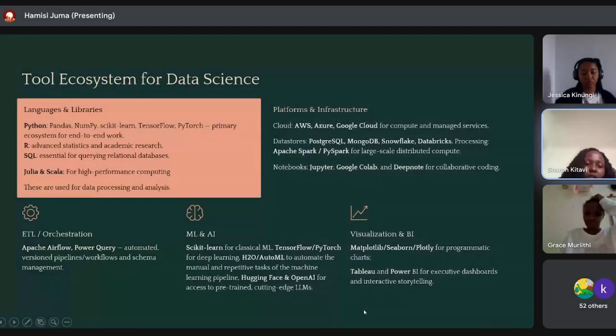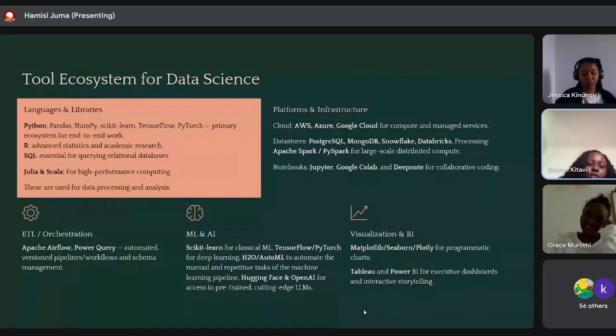And then for machine learning and AI, which is an extension of data science, we use scikit-learn for classical machine learning, TensorFlow or PyTorch for deep learning, and H2O or AutoML to automate the manual and repetitive tasks of the machine learning pipeline.